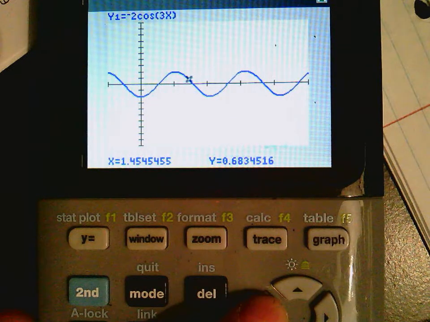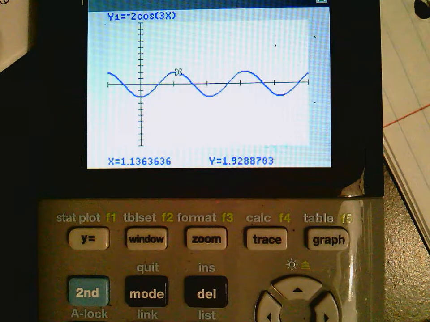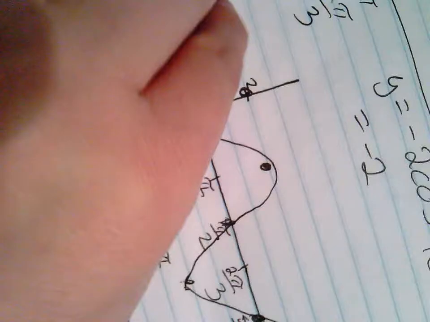Okay, so let's go to a little more complicated one. Let's do one where there's a phase shift involved.